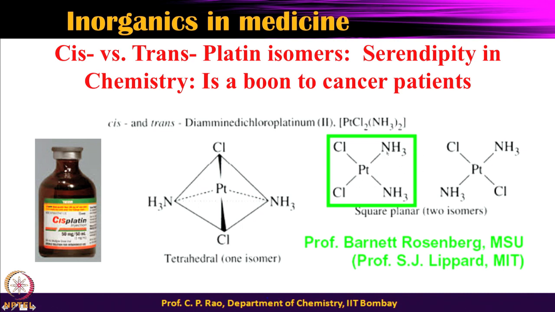And so, that is how this has come, and later on certain developments were made in Lippert's group at MIT as well. Okay. So, it is only the cisplatin which works, not the trans.